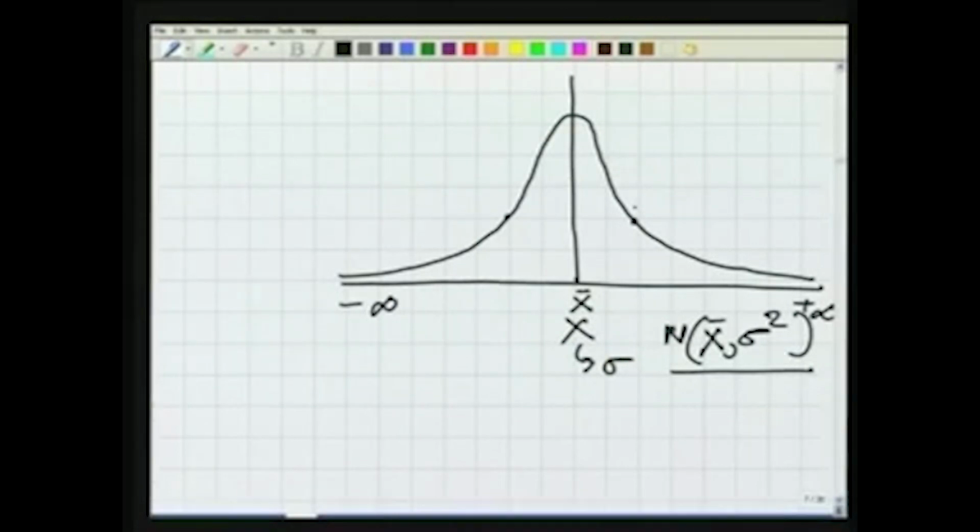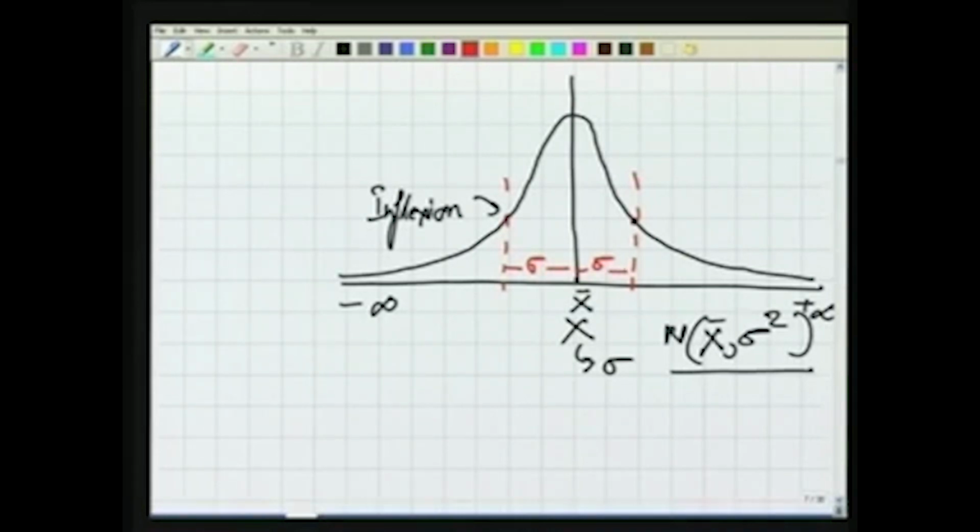Here in this curve, this point and this point are the points of inflection, and they correspond to the values of sigma, sigma on this side and sigma on this side.